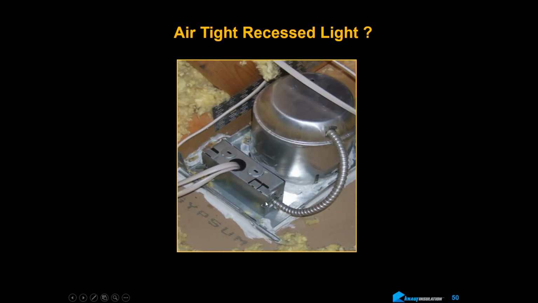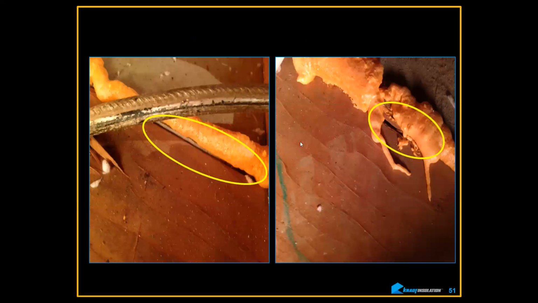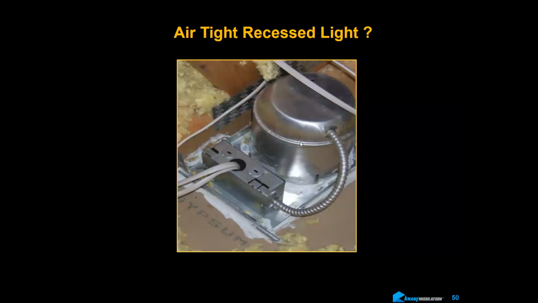If you don't address this, this airtight can, by the way, which is not airtight legally by code, it's allowed to have 2 cubic feet per minute leakage rate at 75 pascals of pressure, and that's the rule. And that's ASTM E283, I believe, is what that test is, and it allows 2 cubic feet a minute of air leakage on an airtight can.